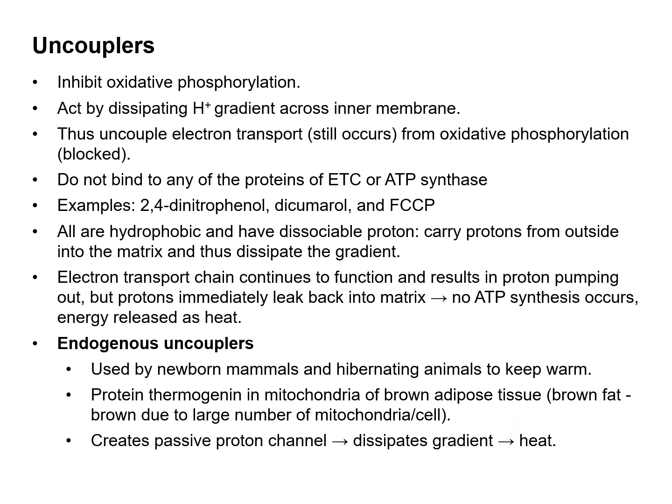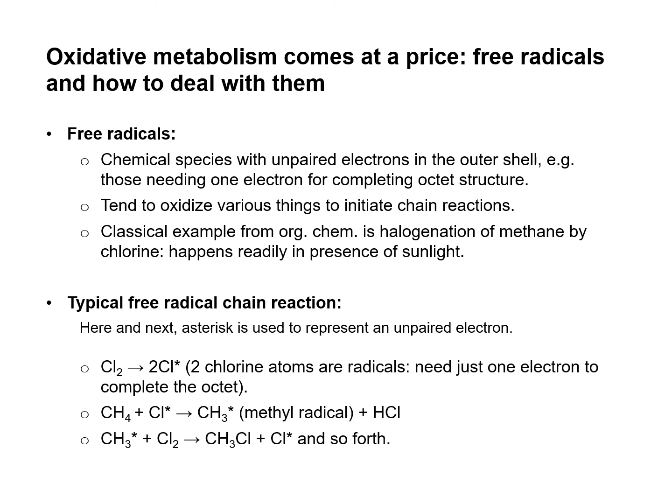and released from the cells. This oxidative metabolism is nice in a way that you can generate a lot of energy and store that in the form of ATP, but it also comes at a price, which is making free radicals. So cells need to come up with a way to deal with them. Free radicals are chemical species with unpaired electrons in the outer shell.